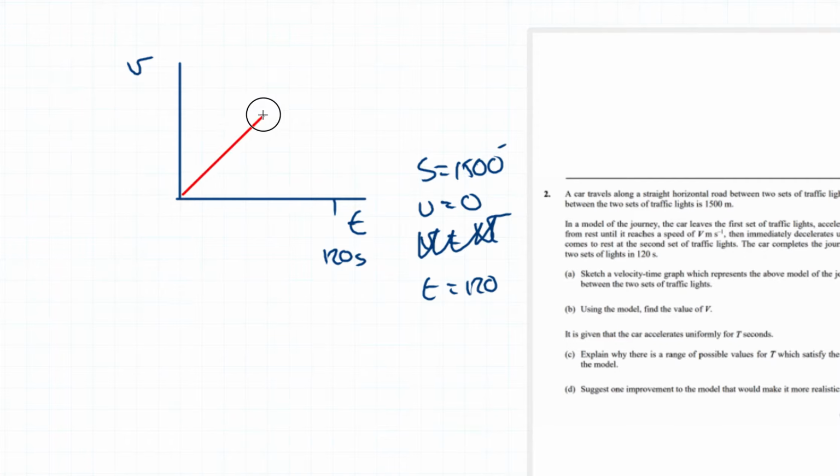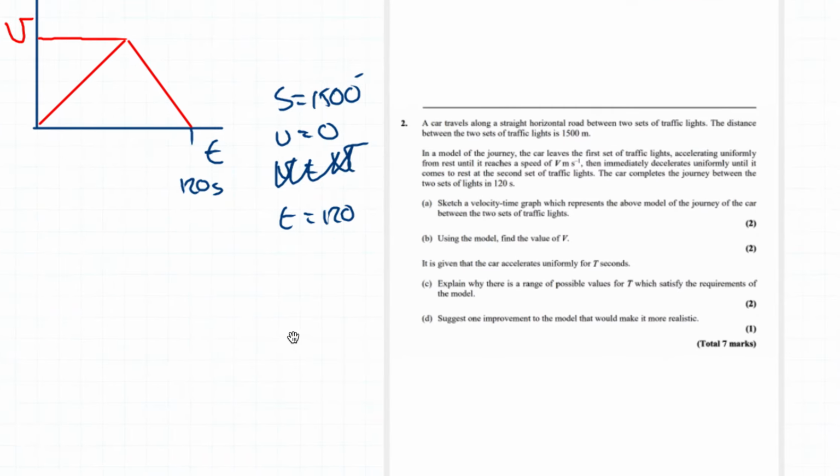We don't know what v is, so we're just guessing at this point, and we don't know what t is either. So we're going to say that this is our big V, and then it immediately decelerates uniformly until it comes to rest at the second set. So it's going to decelerate here very quickly and come back down. So you end up with a triangle as your final velocity-time graph.